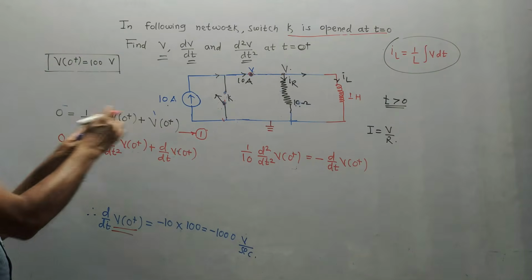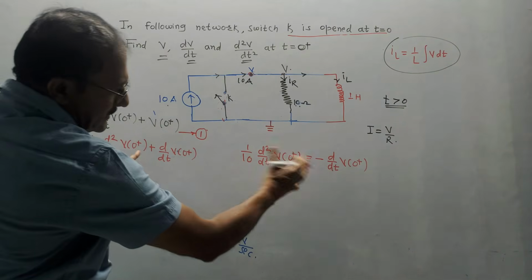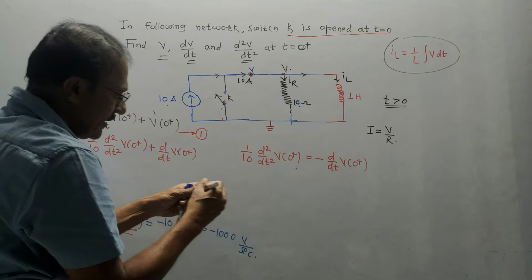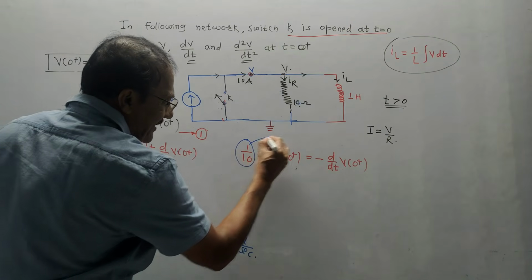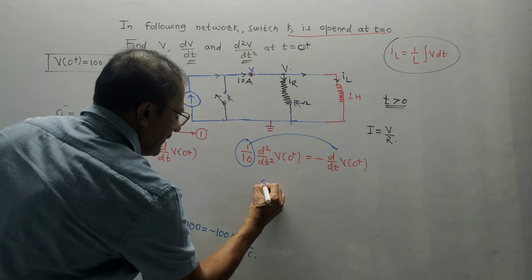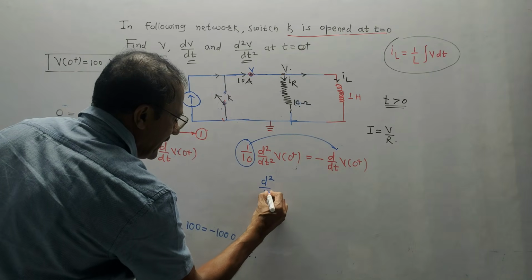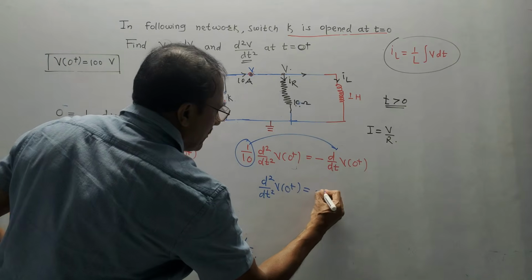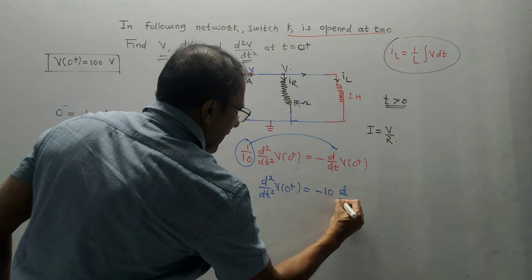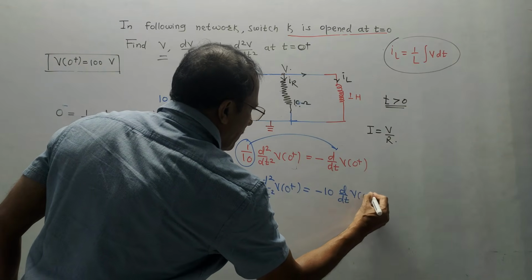I have transferred this term to the LHS and only interchanged the LHS and RHS. So next step is to transfer this 1 by 10 term to the RHS. So I will write it like this: d square by dt square of v of 0 plus is equal to minus 10 d by dt of v of 0 plus.